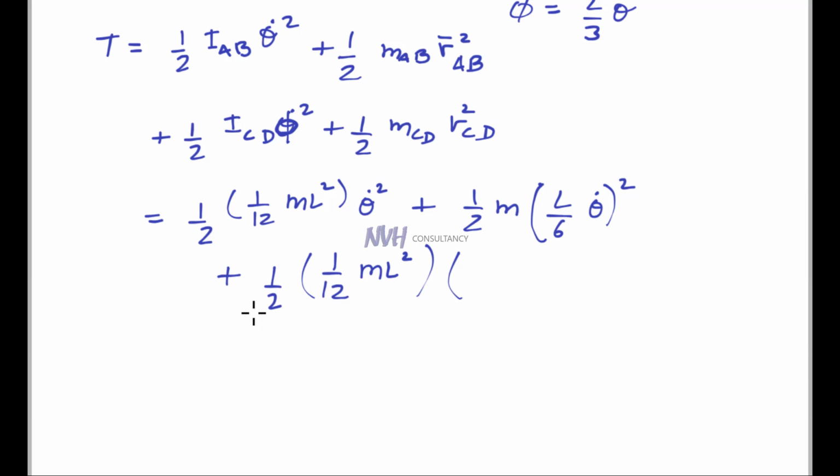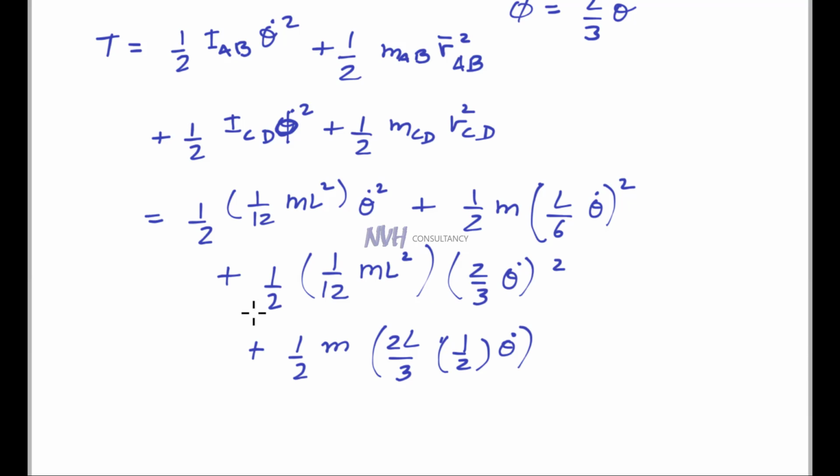Now the phi angle can be written as 2 by 3 times theta for consistency, plus half m v square will be half m times, just like we discussed, 2L by 3 times 1 by 2 theta dot square.